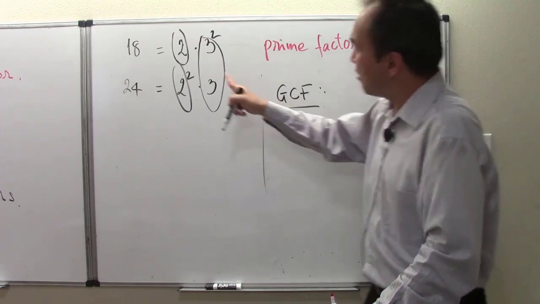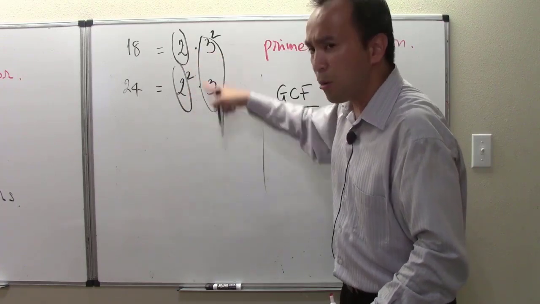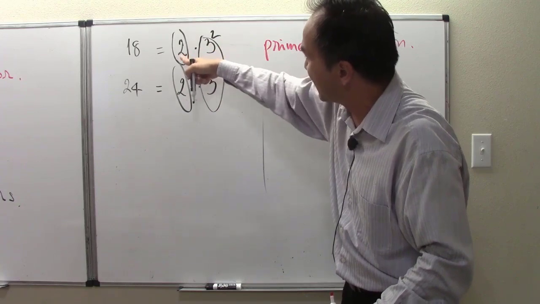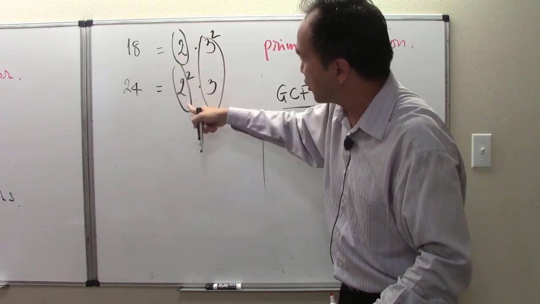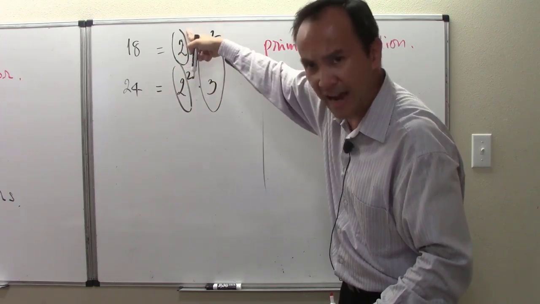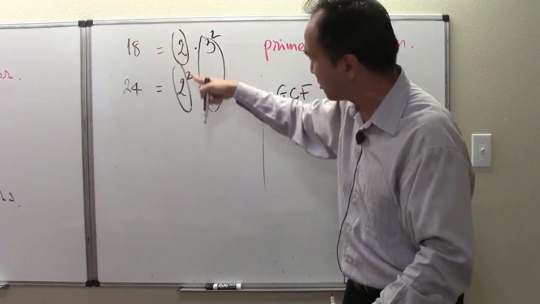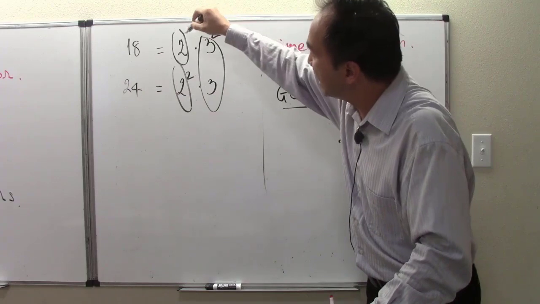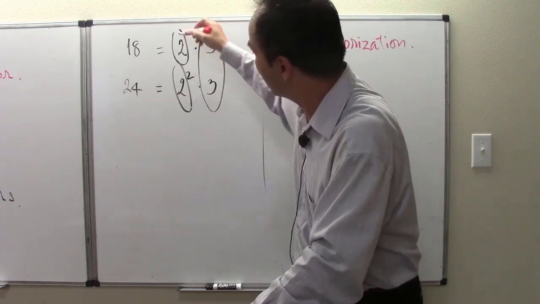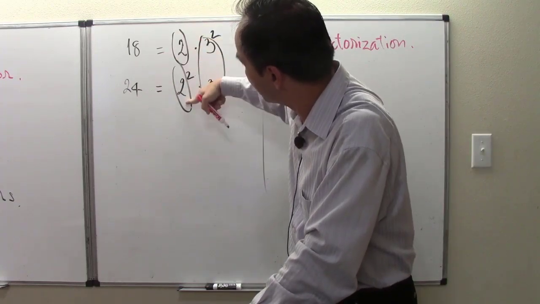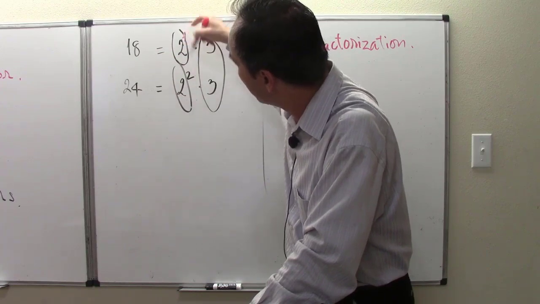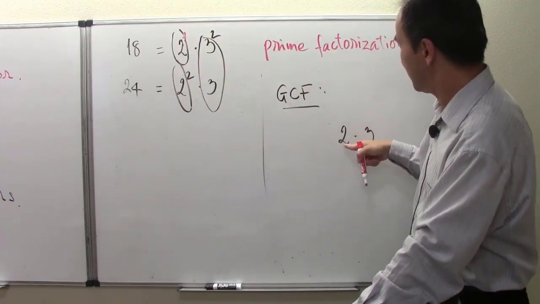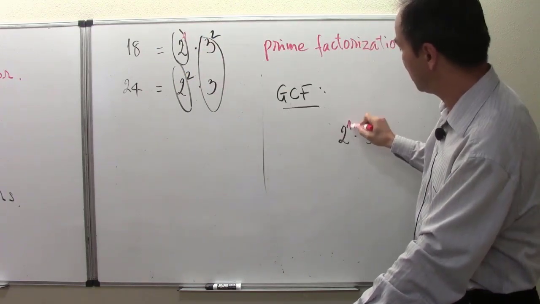Now each of these common prime factors has various different powers. For example, the prime factor 2 has exponent 1 in 18, but exponent 2 in 24. We want to choose the least. This common factor 2 has the least power of 1. So we bring that in as 2 to the first power.